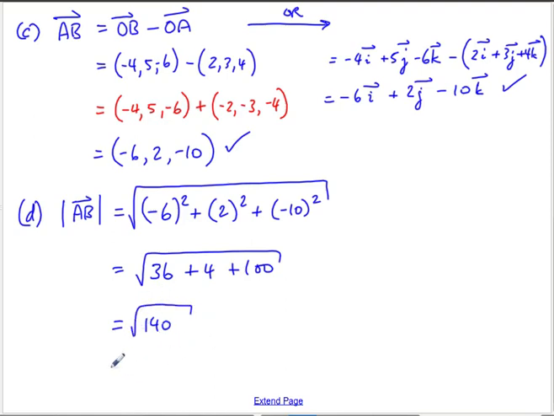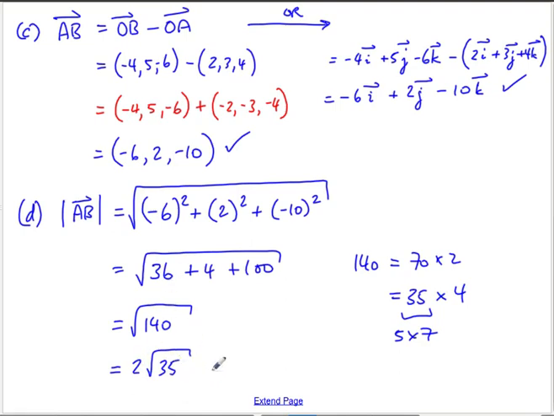I didn't do this in advance, but perhaps I should have, because I know that 140 is the same as 70 times 2, which is the same as 35 times 4. And 35 is 5 times 7, so the only perfect square here is 4. So this is actually 2 square root 35 if I reduce that radical.